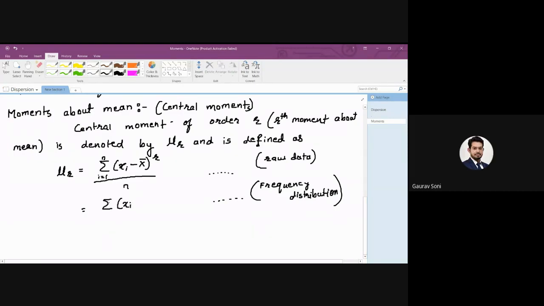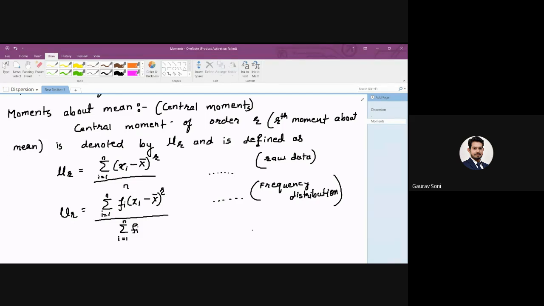So the formula will be summation fi xi minus x bar raised to r, i running from 1 to n, upon summation fi. So for a frequency distribution, you should now be able to extend your formula for the raw data to the frequency distribution.